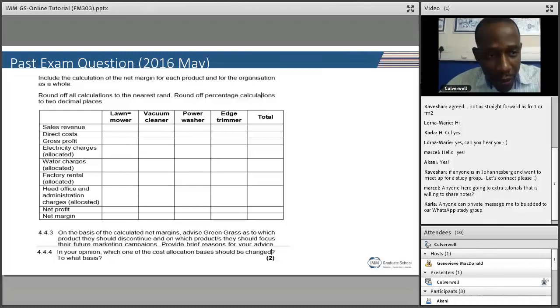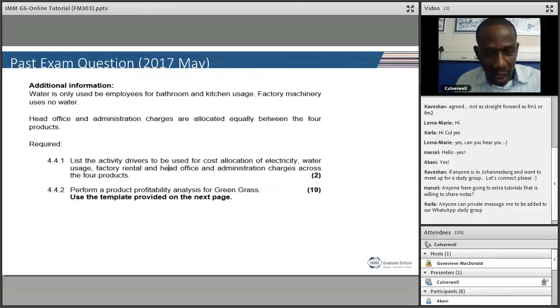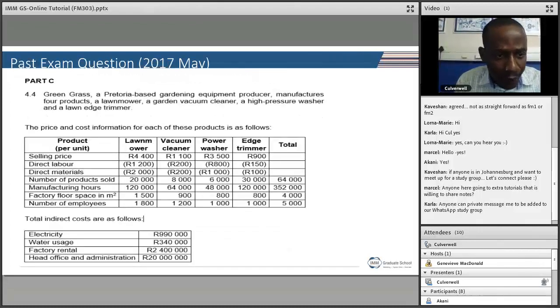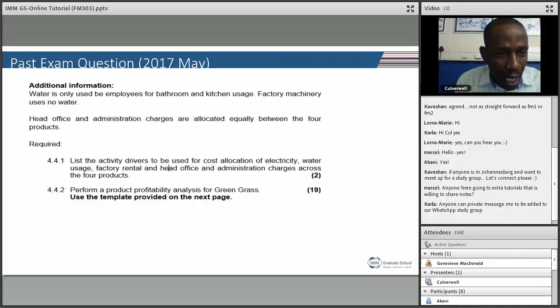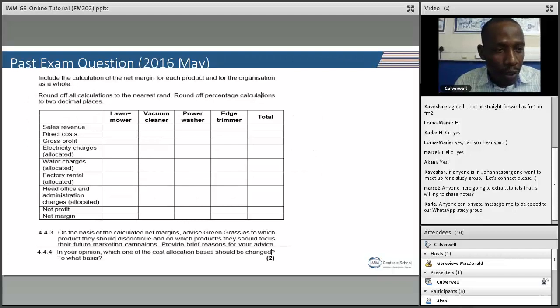Water charges, they stipulated that it is only employees that are using the water, in the kitchen and also in the bathroom. And then if you move on to your factory rental, of course, the space that one is occupying would help one to allocate cost towards rental.